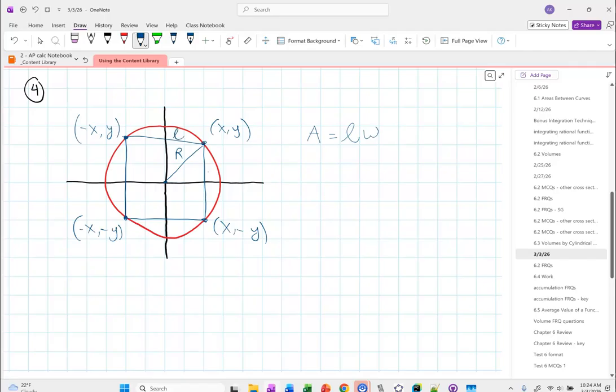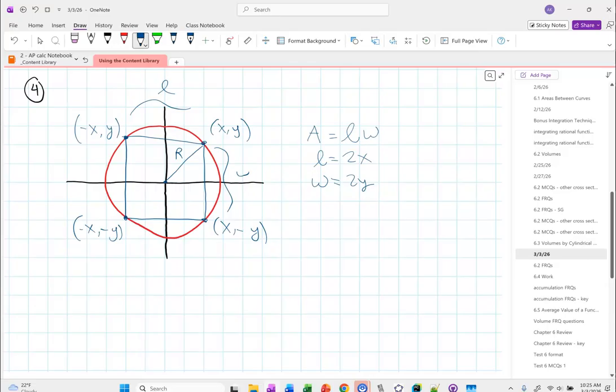So let's call this side length and this side width. Length is basically the distance between negative x, y and positive x, y, which is just 2x, right? And width would be the distance between positive x, y and positive x, negative y, so just 2y.